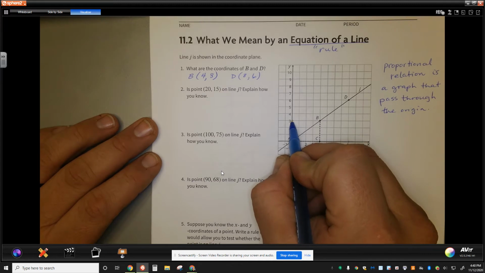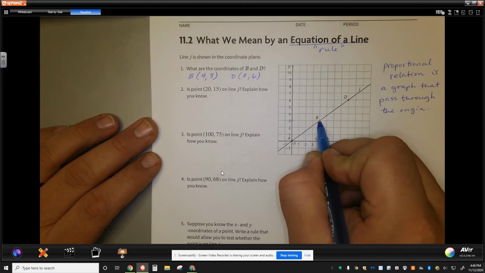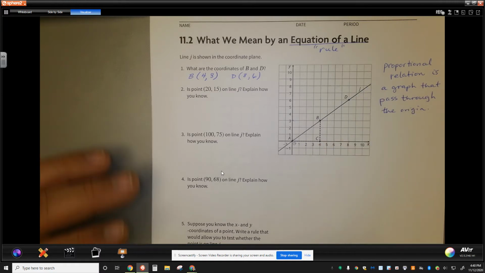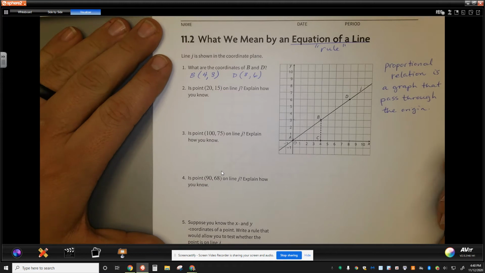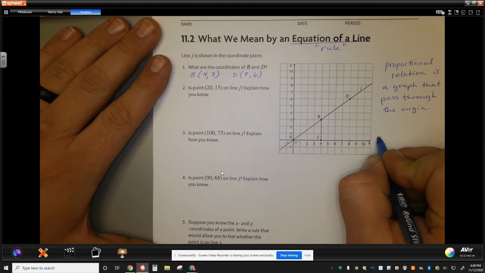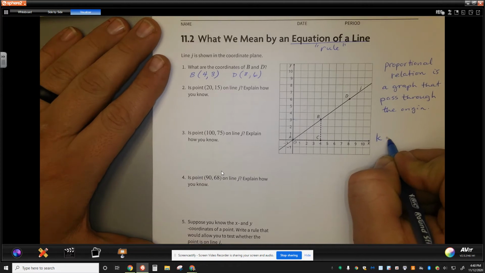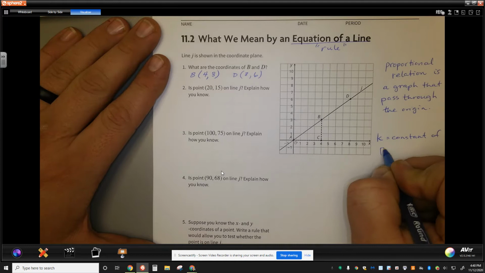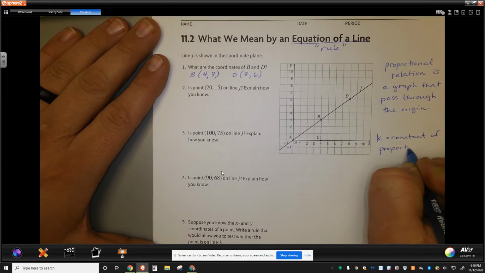For every 3 units of rise, I must have 4 units of run, and that pattern continues on forever and ever across that line. The way that we recognize this as a proportional relation is that we have a variable k that stands for the constant of proportionality.